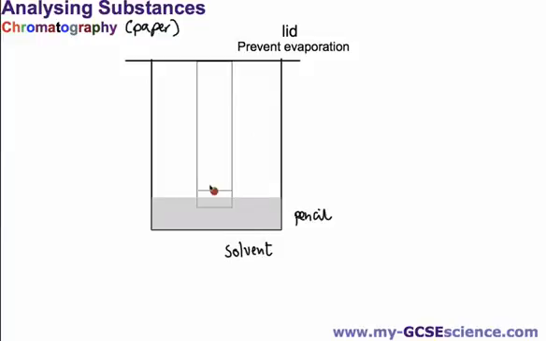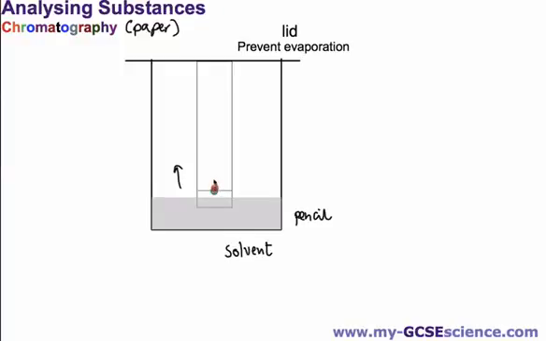So the setup is as follows, and then you allow the solvent to rise up the paper. It will soak up the paper, and as it does, it will dissolve the sample and move the sample up with it. After a while, the colors will separate out.